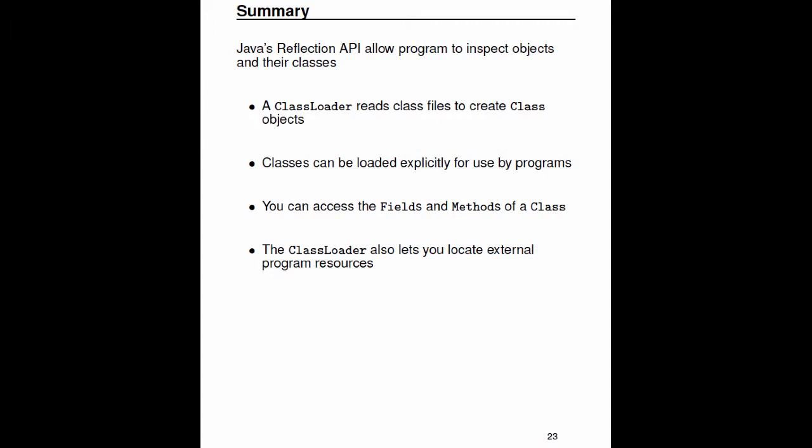But what you can get from your source code from class loaders are instances of these meta classes. Classes are most often loaded implicitly, but they can also be loaded explicitly, like for instance to run a JUnit test.